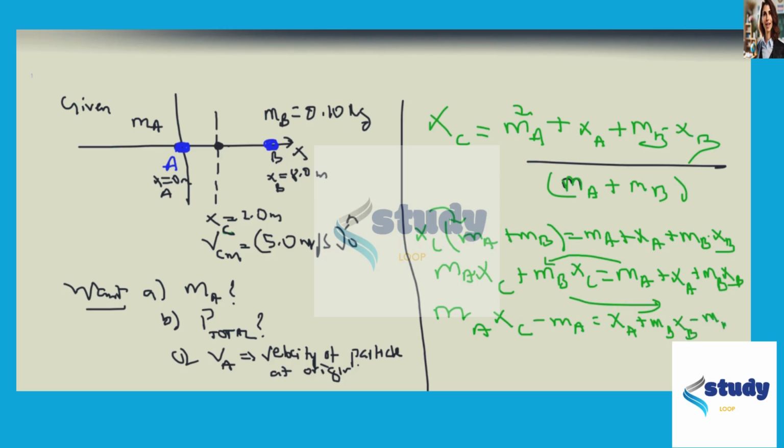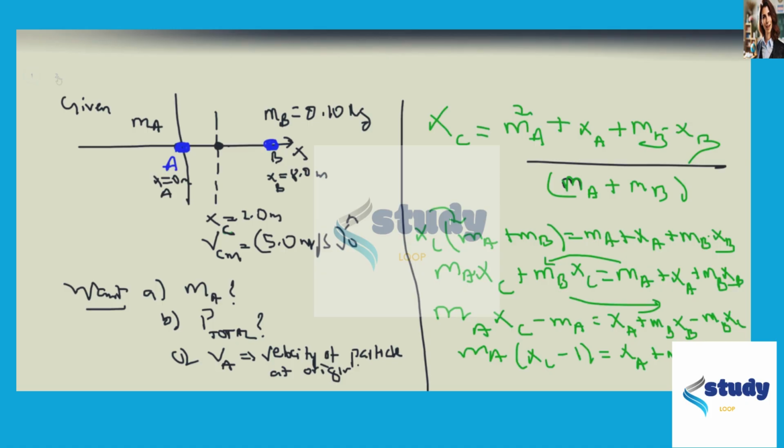Minus MB XC. So we pull out the MA and we're left with MA times (XC minus 1) equals XA plus MB times (XB minus XC). Those are the positions we have. So we're getting closer to solving for MA.